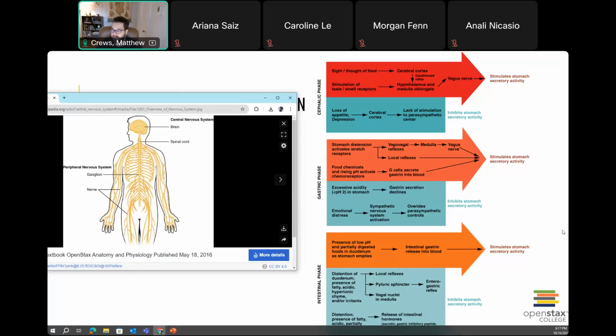Okay, now that can be inhibited by excessive acidity in the stomach. So we've broken down everything, and now what's left over is just stomach acid, right? And a whole bunch of floating stuff dissolved in the stomach acid. And that gastrin secretion will decline.